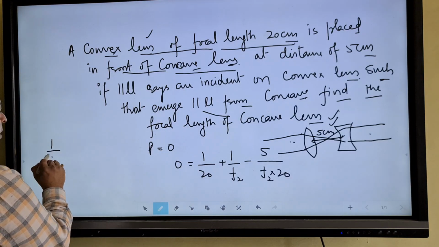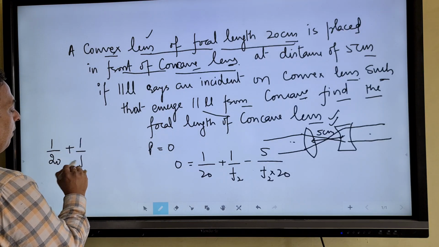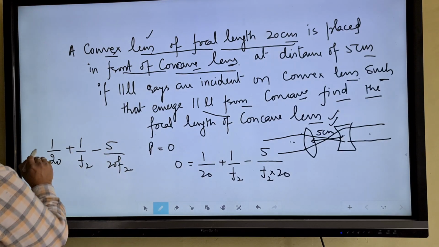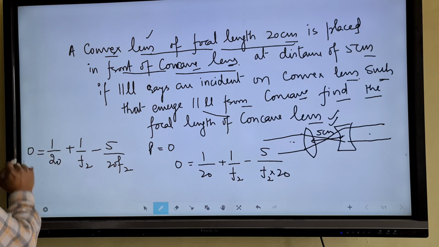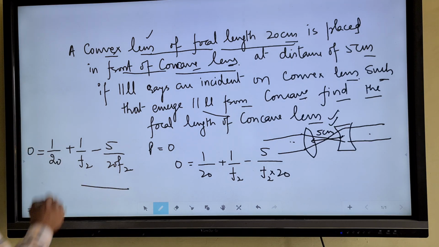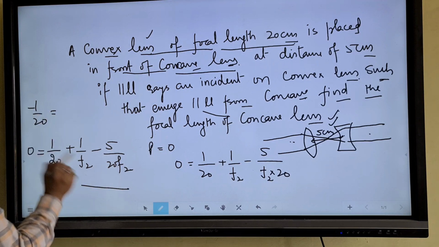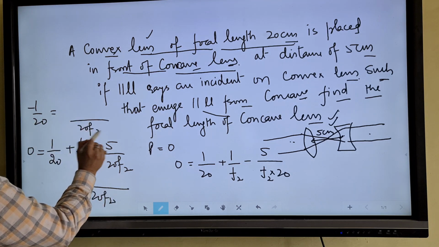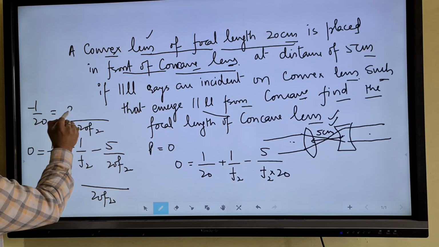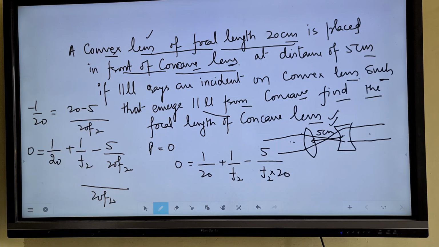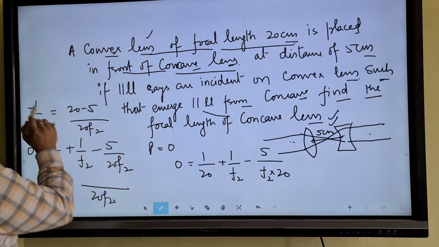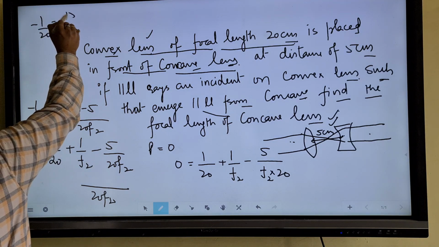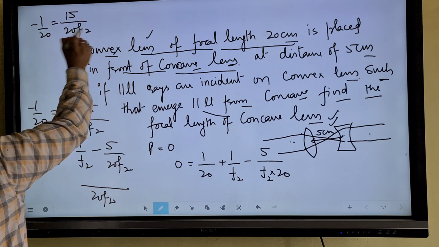So 1 by 20 plus 1 by f2 minus 5 upon 20 f2 is equal to 0. Taking it to the other side, minus 1 by 20 equals 20 minus 5 upon 20 f2, which is 15 by 20 f2.